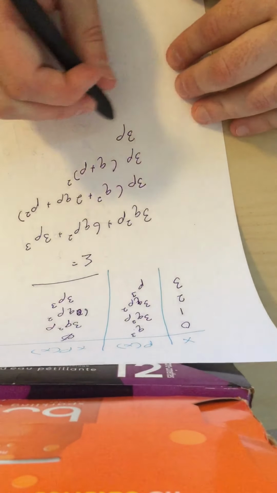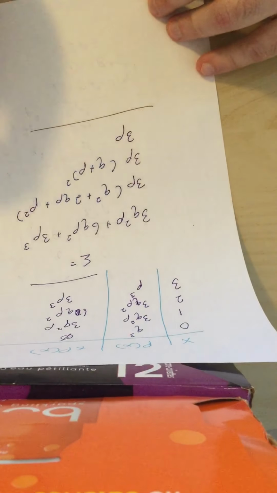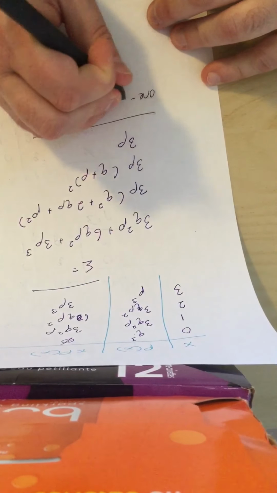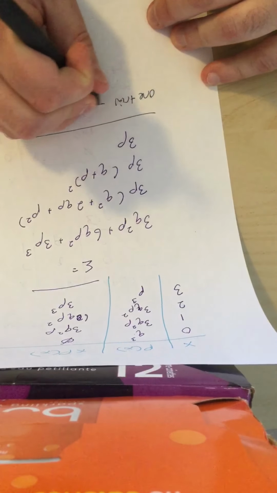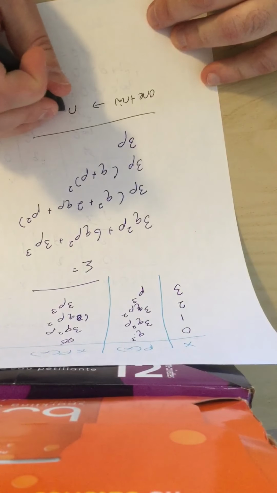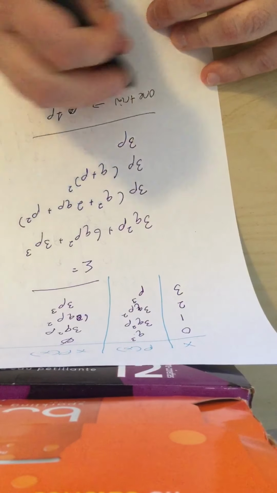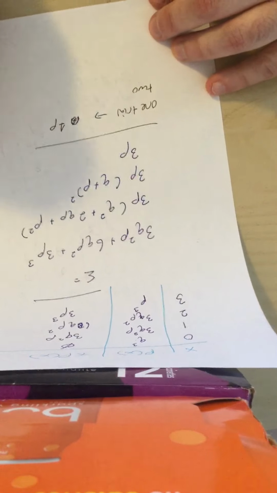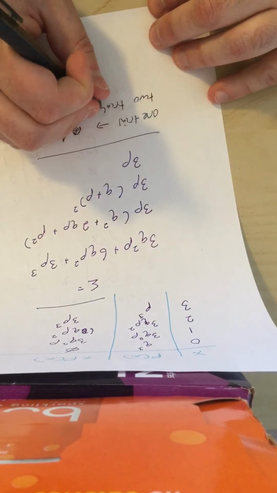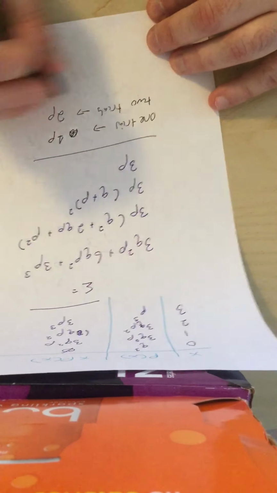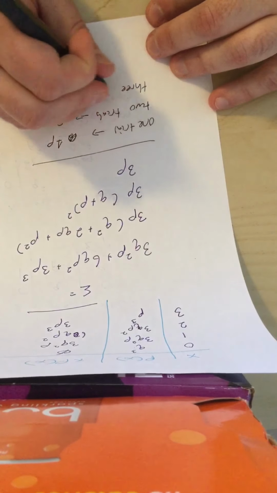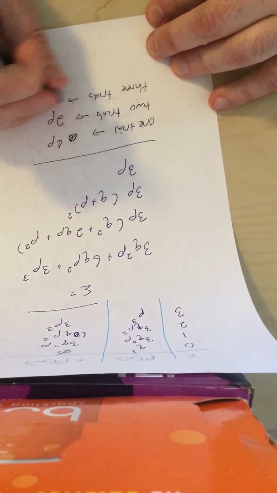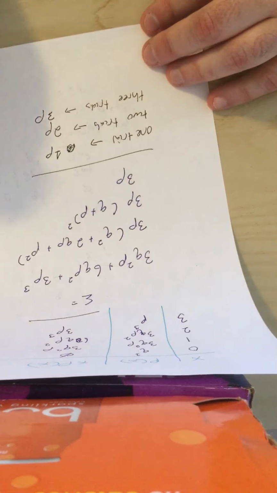The point of all this is that for one trial, we had 1P successes. For 2 trials, we had 2P successes. And for 3 trials, we had 3P successes.